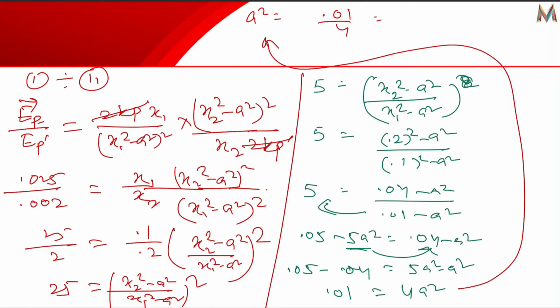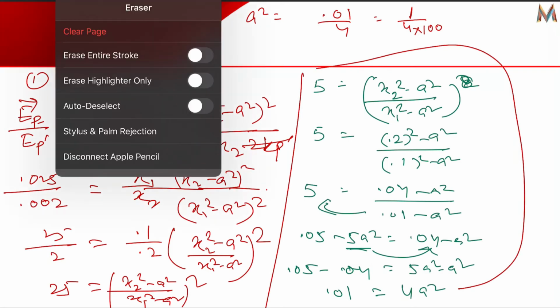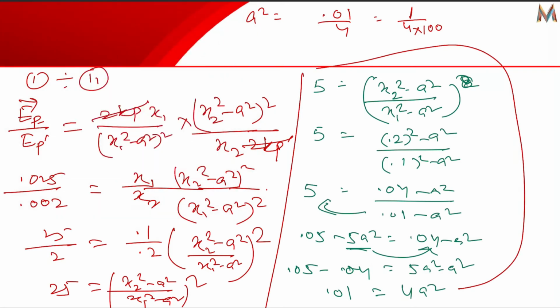Okay, we can write this as 1 by 4 into 100. From that we can write a will be equal to 1 by 2 into 10, that is 1 by 20, and from that a is 1 by 20.